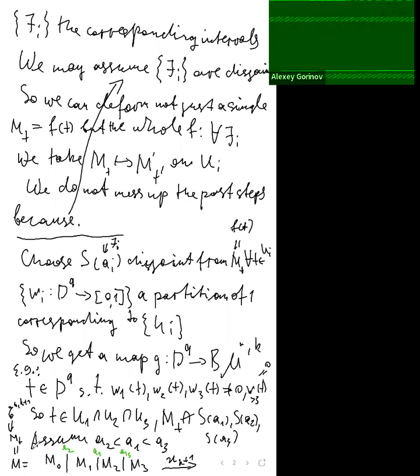Does anyone remember what sigma does? Well, sigma takes a manifold, or more precisely, a collection of manifolds plus numbers, and stacks them together.